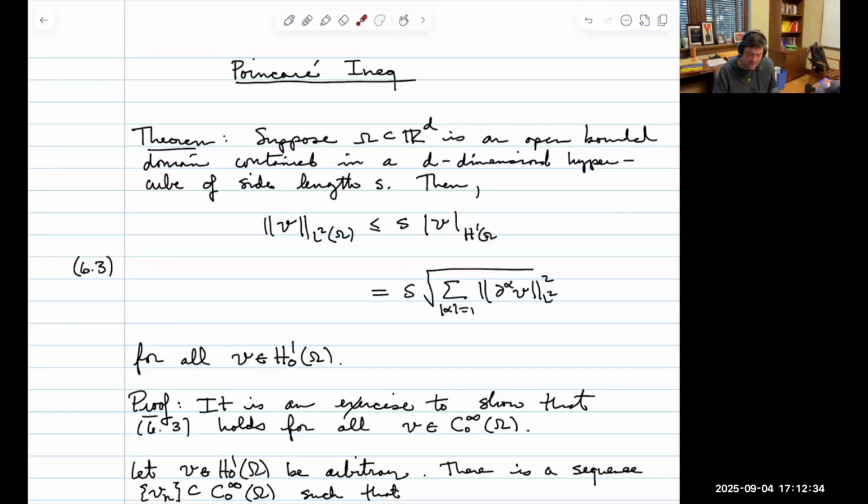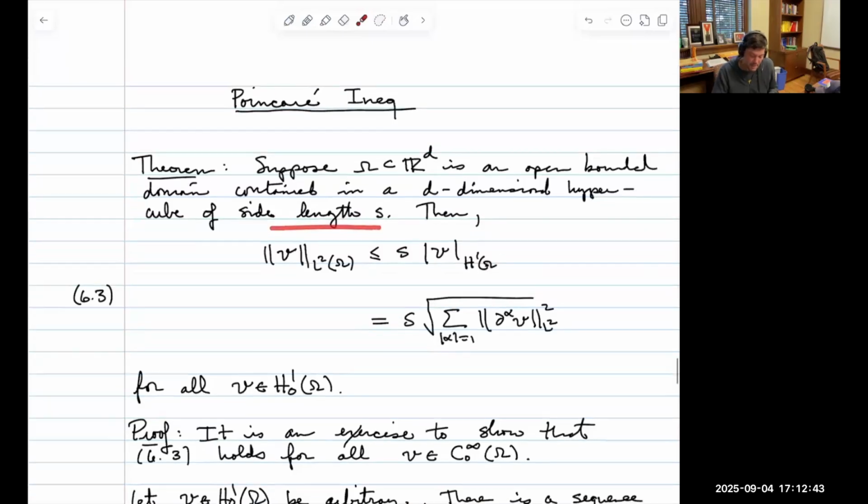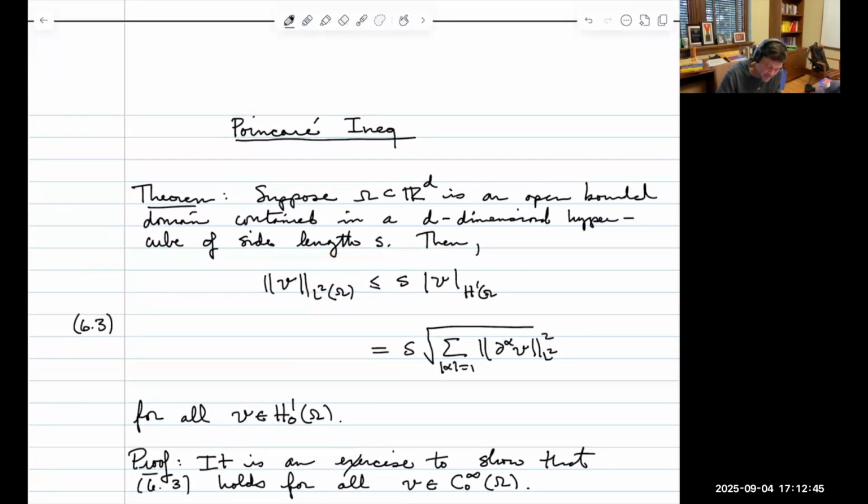It doesn't actually have to be a Lipschitz domain. It doesn't have to be all that nice, but it has to be contained in a d-dimensional hypercube with side lengths S. So what I mean here is that I'm talking about a set that has to be contained in a box.